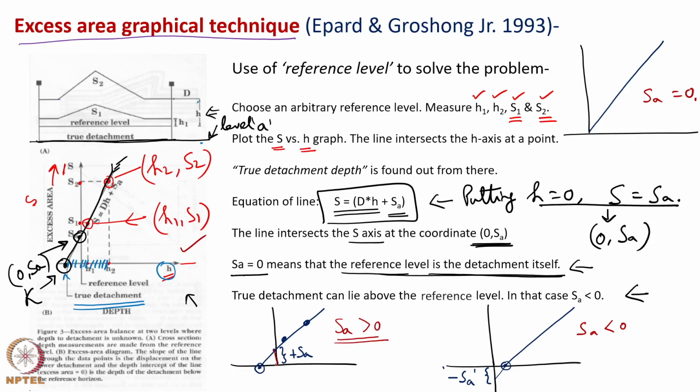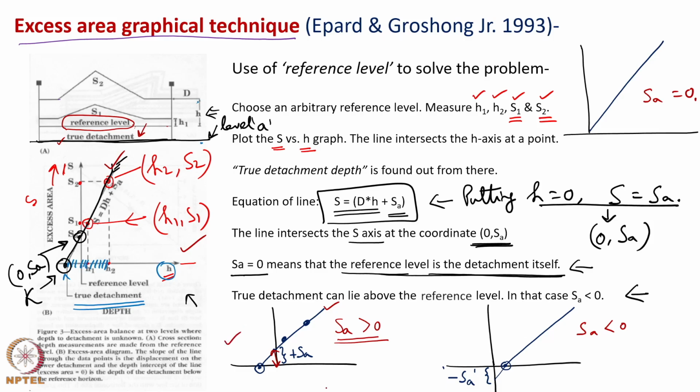This is the total SA distance, and this is that particular line. SA more than 0 is true when the reference level is chosen above the true detachment. We did not know where is the true detachment. We have drawn the line and later we found the true detachment, and now we understand that the reference level has been above the true detachment, and in this particular case this is the diagram produced.